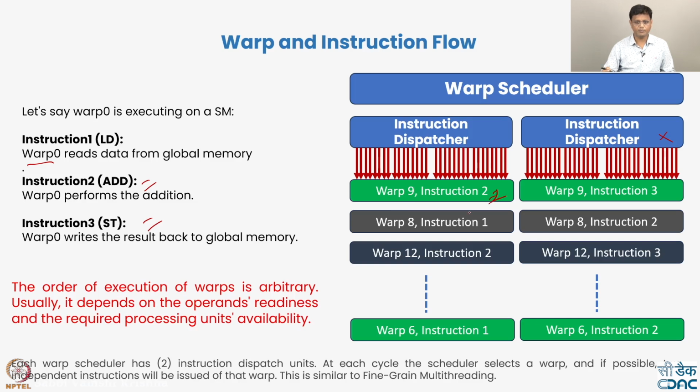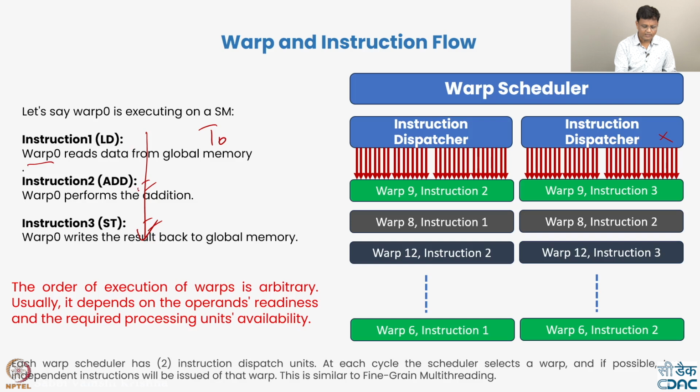When instruction 1 is completed, then instruction 2 will be processed, and so on until the entire warp completes all its operations, because there are no independent operations; each one is dependent on the other. So for warp 0, for example thread 0, it has to perform the load operation, then the add operation, and then the store operation.